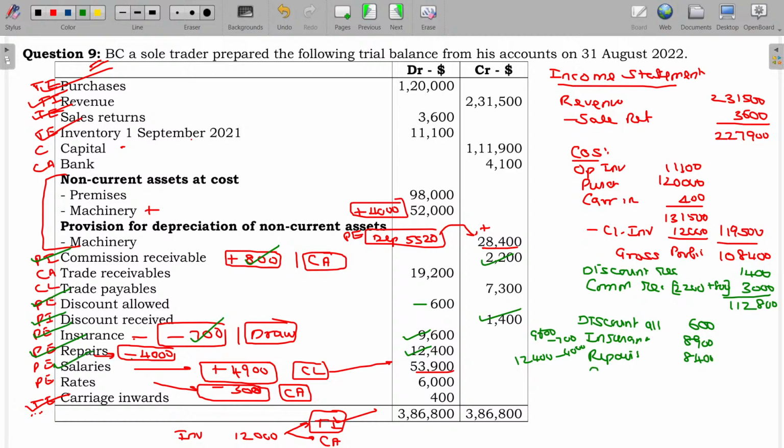Salaries, 53,900, and you have to add this 4,900. Then the ultimate value being 58,800.